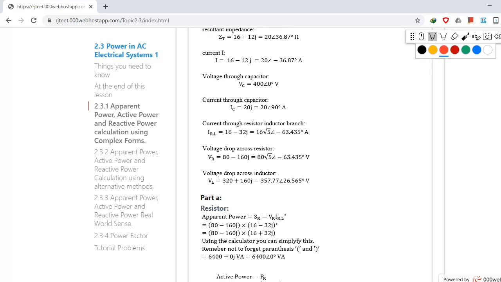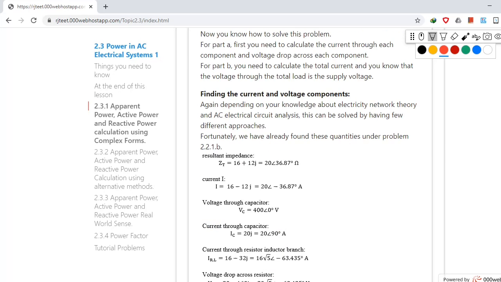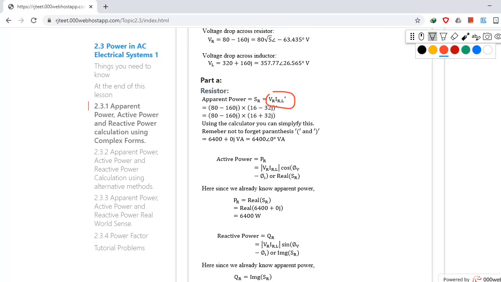Now answering part A, it's the same as we did before. To calculate the apparent power, you need to know the voltage and current through the resistor.